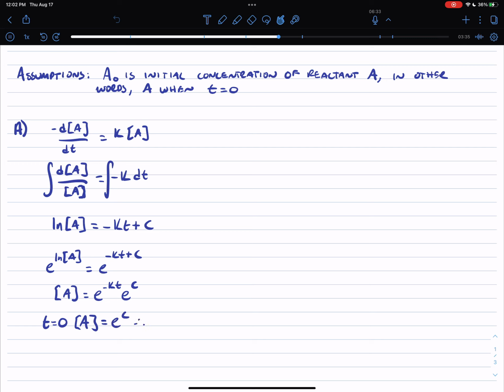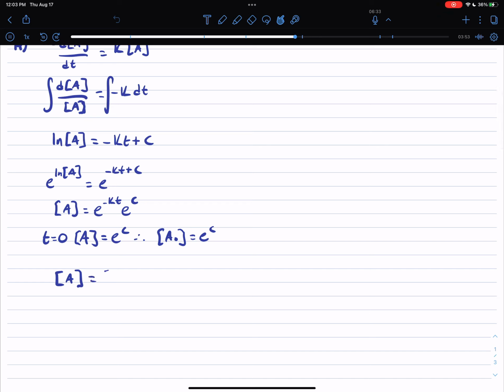Therefore, we can say that that is A naught. So A naught is equal to e to the c. And we can plug that back into our last equation. So we can say A is equal to A naught times e to the negative kt.